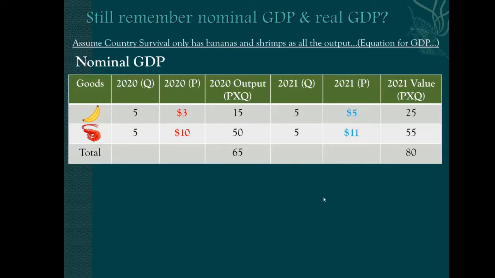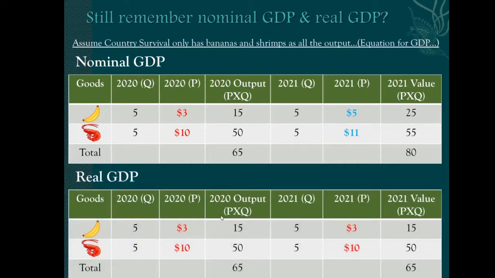So let's take a look at how they calculate real GDP using the same case. We are still assuming that from 2020 to 2021, the quantity that we produced is the same. This is how we calculate real GDP.